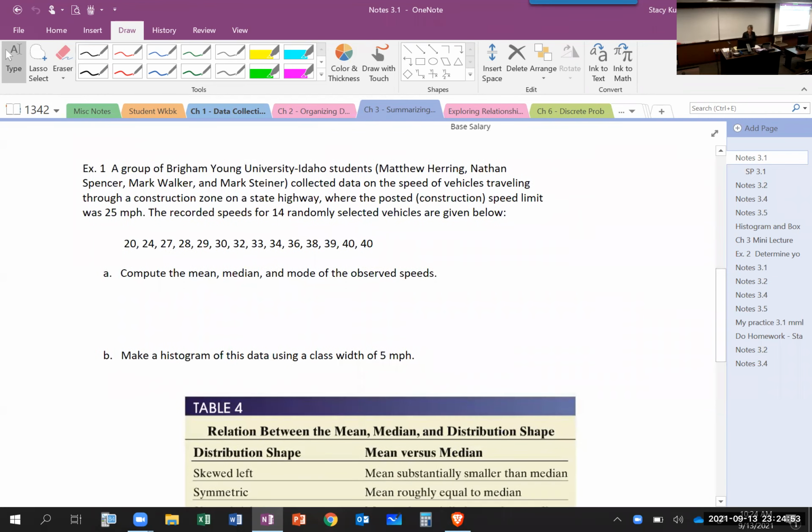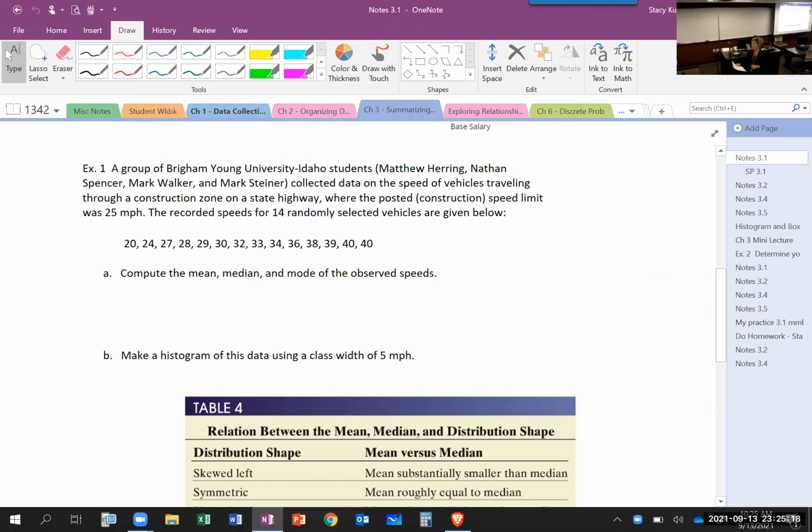So on your paper there, I gave you the data list that we're looking at. I have the same data list up here. A group of BYU students collected data on the speed of vehicles traveling through a construction zone on a state highway where the posted speed limit was 25.